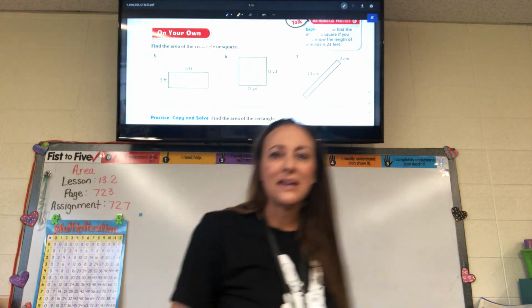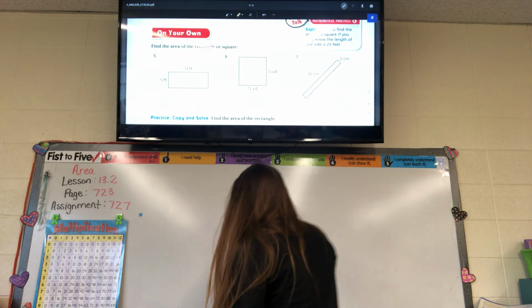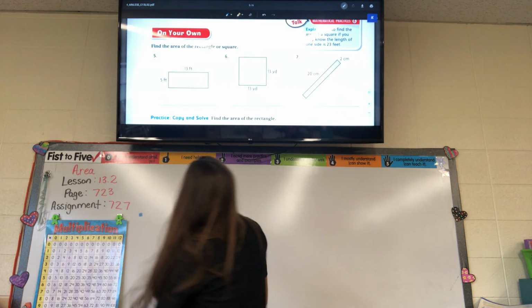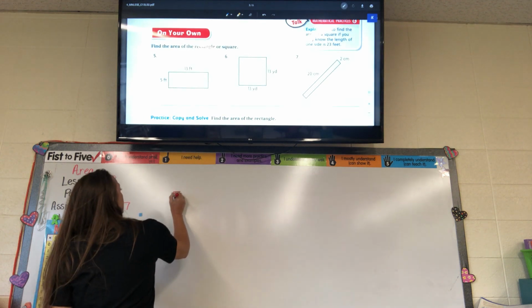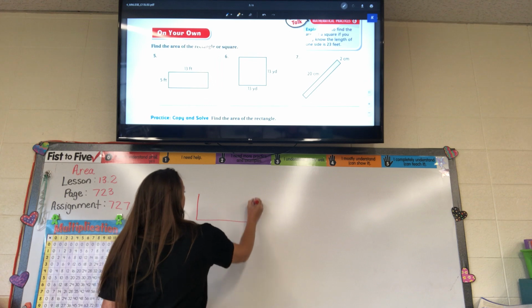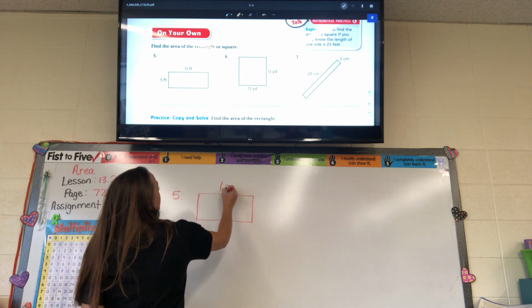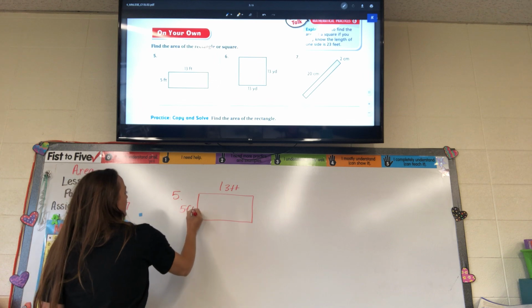Okay, it's just not showing up really well, so I'm going to draw these out for us. Number 5 is a rectangle that is 13 feet and 5 feet.